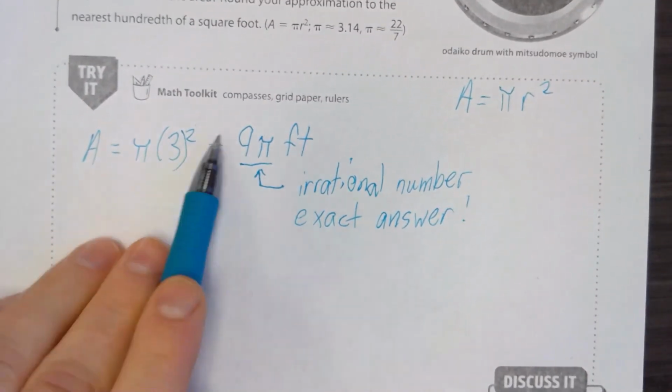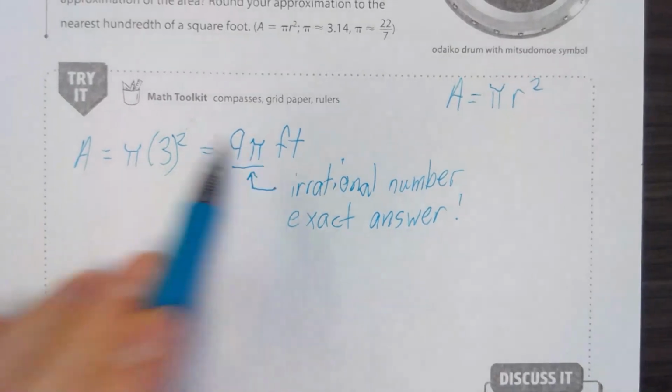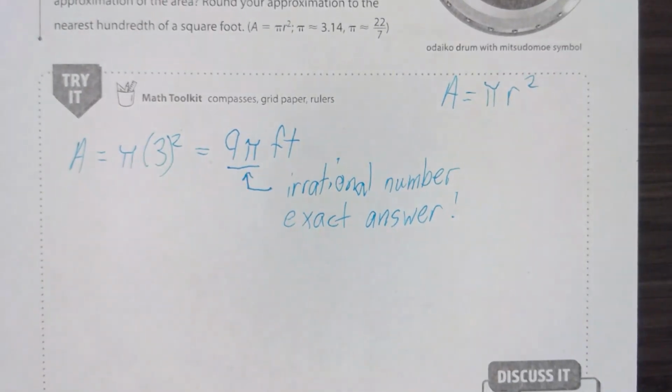9 pi. 9 times whatever pi is, that's an irrational number, right? So if I want to express this as an exact number, I have to use that. And that's really important because we might be doing other operations down the road with something like this.